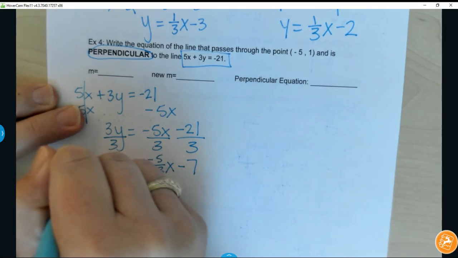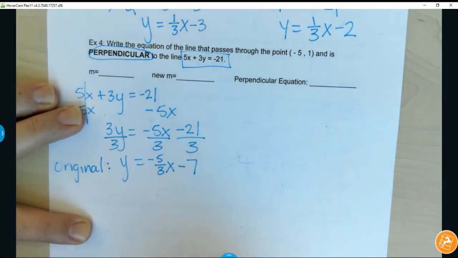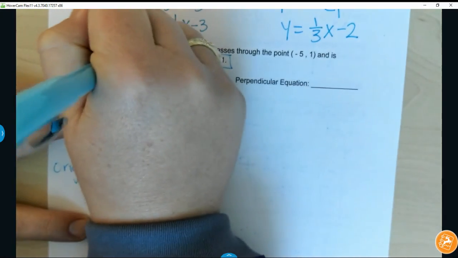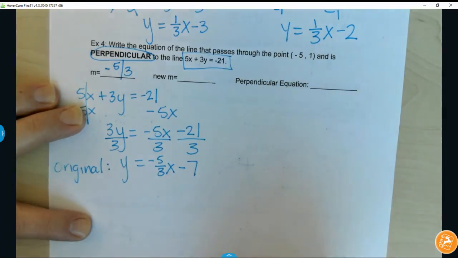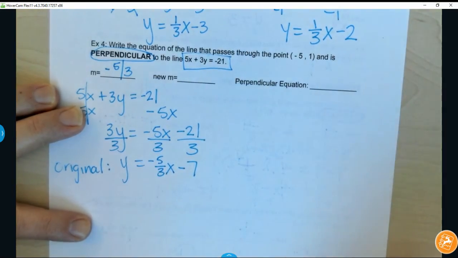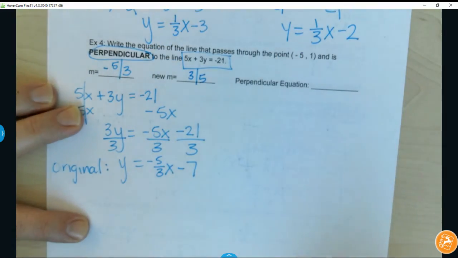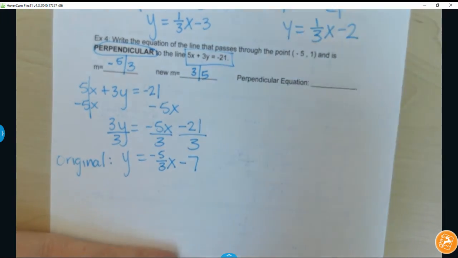So this is our original. So our original slope is -5/3, which means once we flip and switch it, we're going to switch the sign, we're going to flip the fraction, it becomes +3/5. So 3/5 is going to be our new slope.